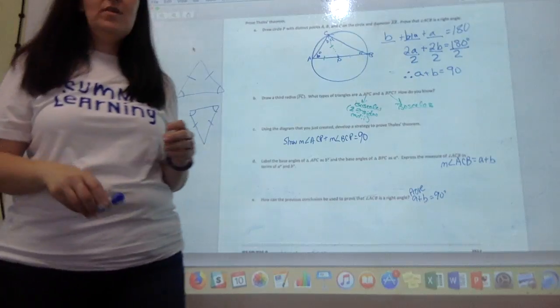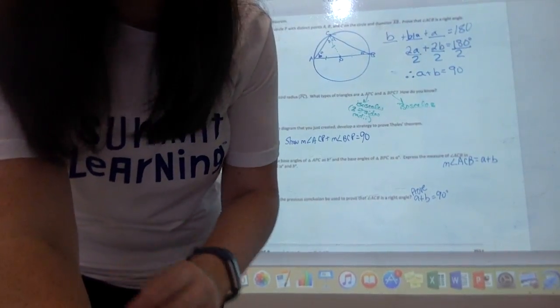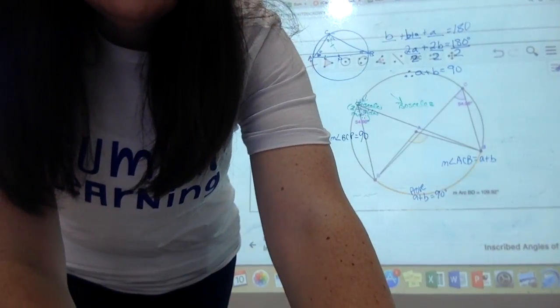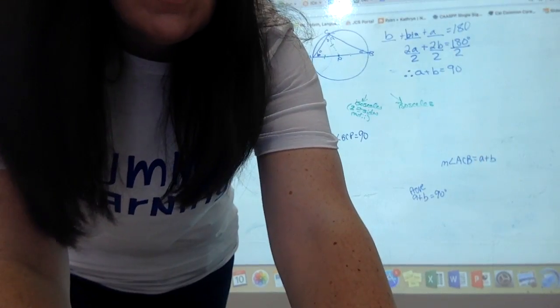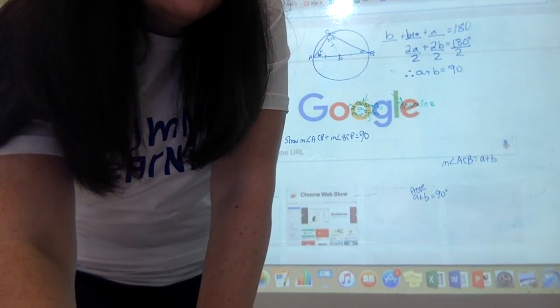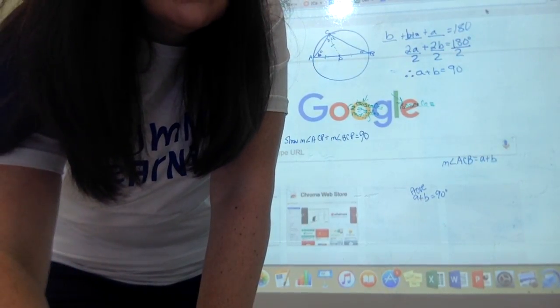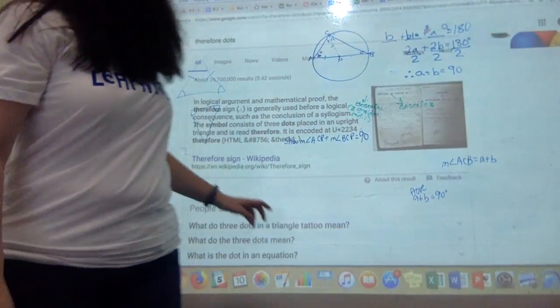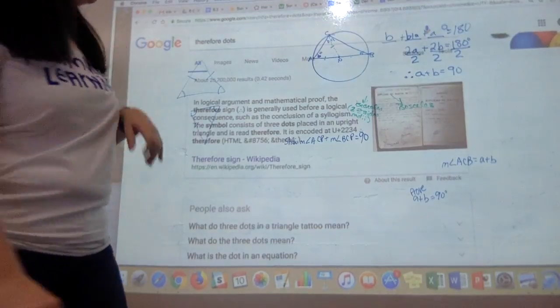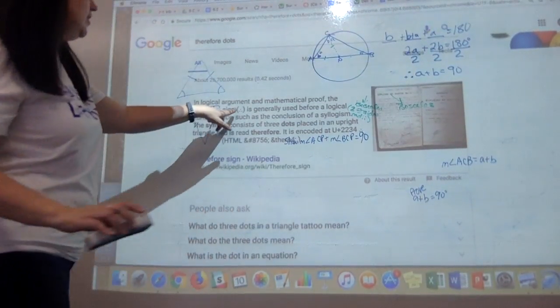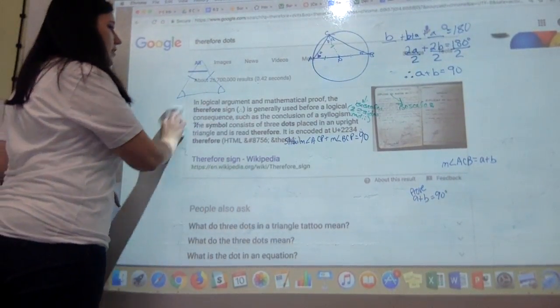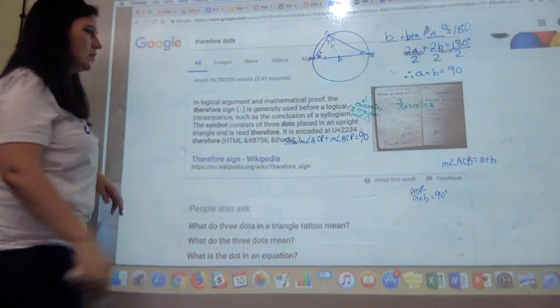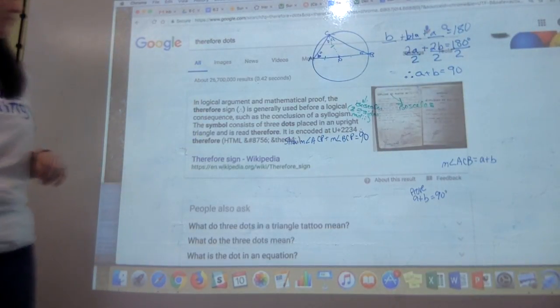They look like the lasers that Predator shoots at people. In logical arguments and mathematical proofs, the therefore sign is generally used before a logical consequence. That's cool.